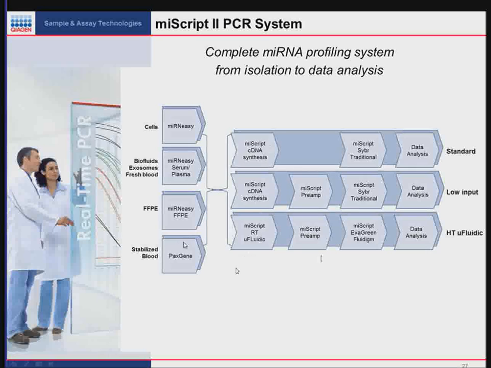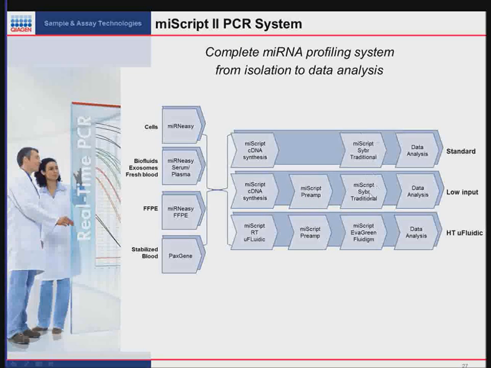The first step would be cDNA synthesis. For either extremely low input samples or normal samples, we're going to do a standard miScript HiSpec cDNA synthesis. I'll describe that a little more on an upcoming slide. If the sample is very low input, we would do a preamplification with our integrated miScript PreAMP system.